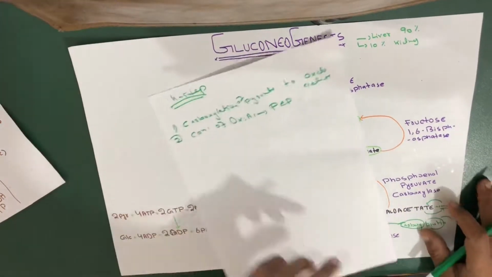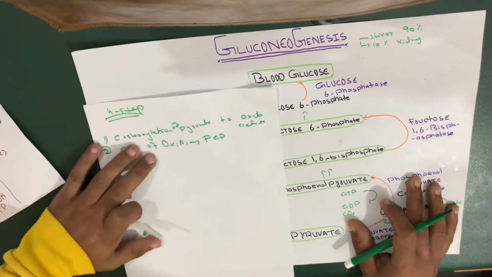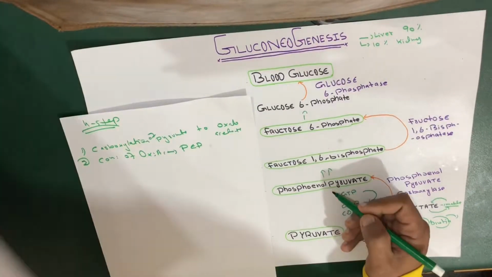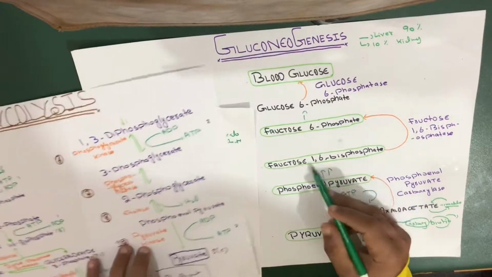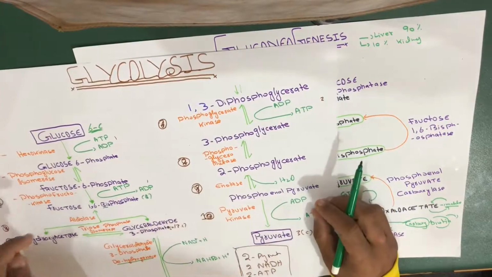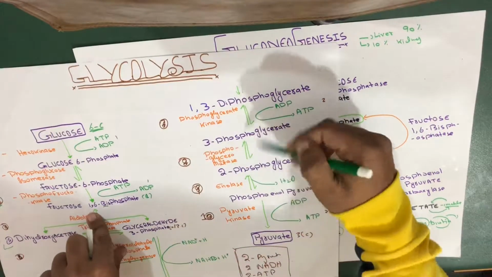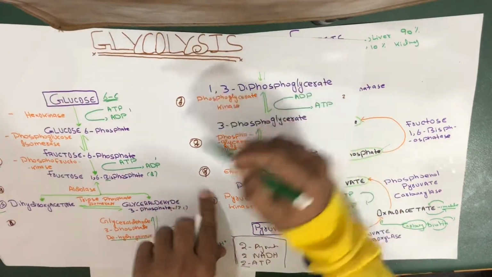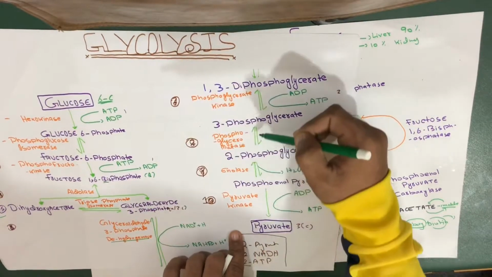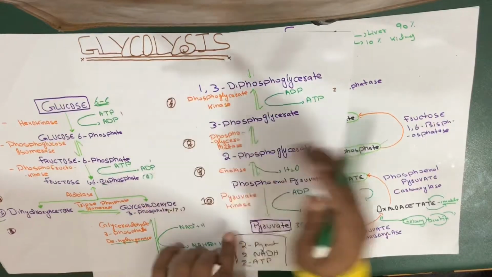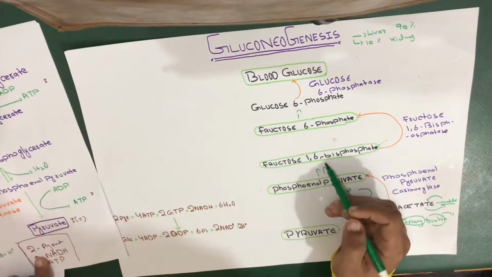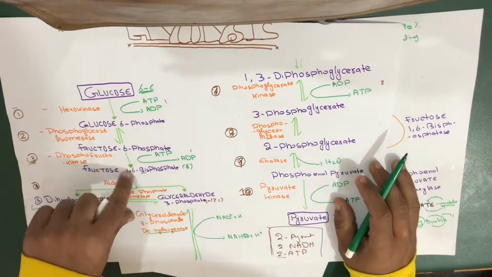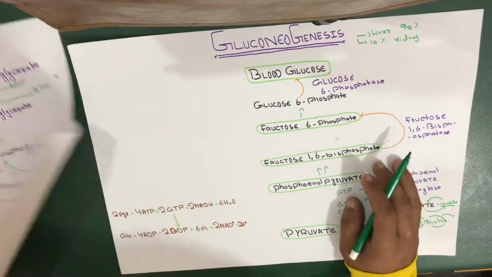So for reaction number 3, as we go further from phosphoenol pyruvate, remember that from phosphoenol pyruvate till fructose 1,6-bisphosphate, the reactions are reversible, so they occur as they are, just going backward. But as we reach fructose 1,6-bisphosphate, this reaction was irreversible, so we're going to do something else.